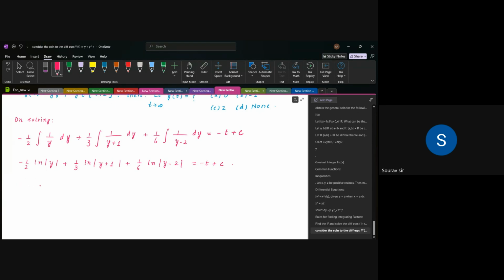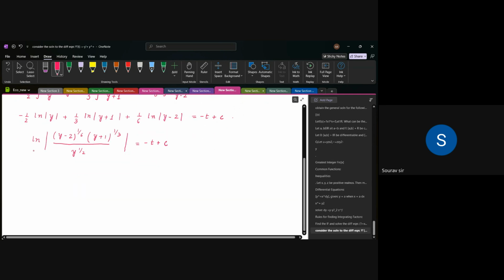And if I combine all these logs, I can write it this way. This will be log of (y minus 2) raised to the power 1 by 6, (y plus 1) raised to the power 1 by 3, divided by y raised to the power half, is equal to minus t plus c, right?